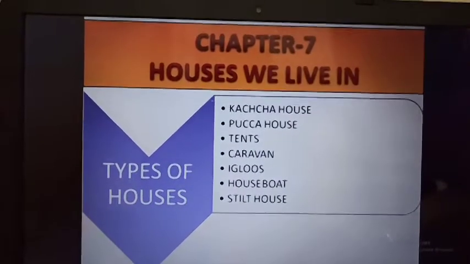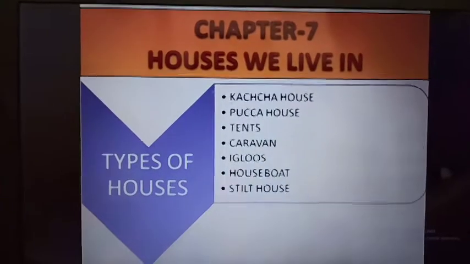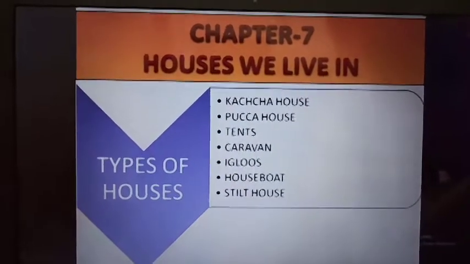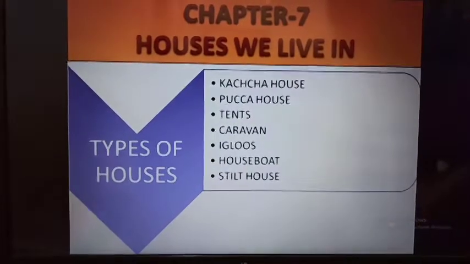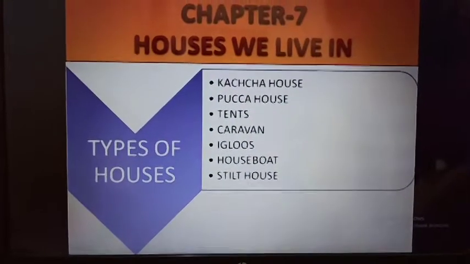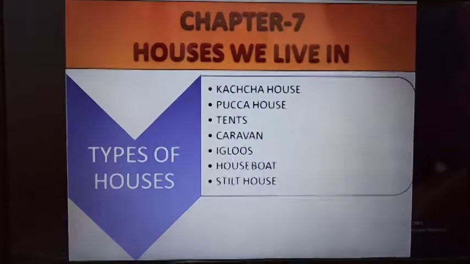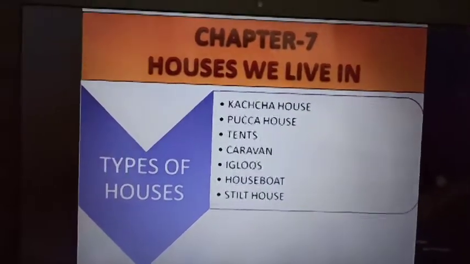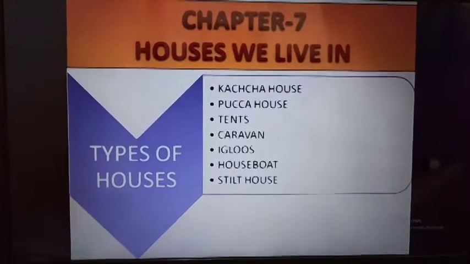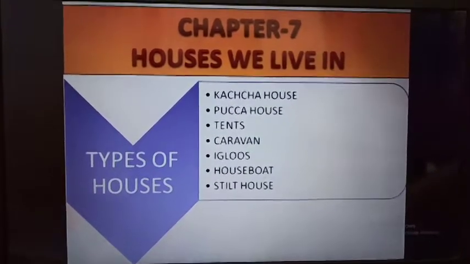Now children, in this chapter we will study the types of houses: kacha house, pakka house, tents, caravans, igloos, houseboat and stilt house also. So let's see our first picture.